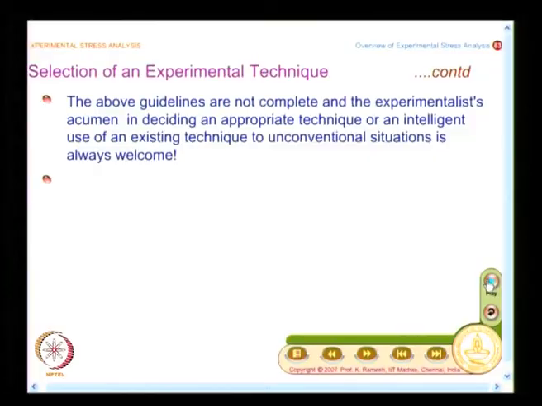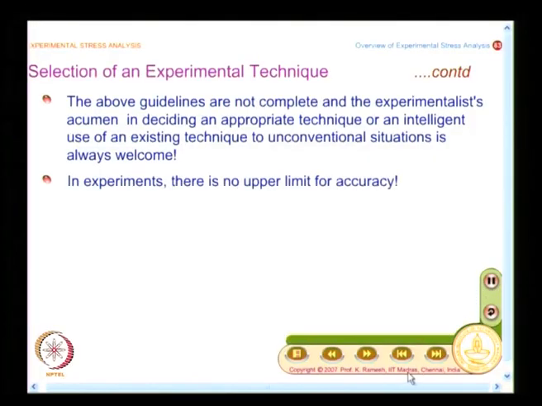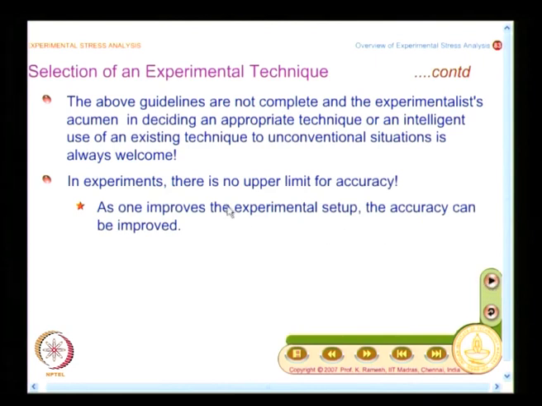And another issue is, what is the level of accuracy that you can expect in experiments, and you have to understand there is no upper limit for accuracy. You can keep improving the accuracy in an experimental technique. You may start with a simpler rig and make some measurements, and once you understand the scenario, you may want to improve it as much as possible.